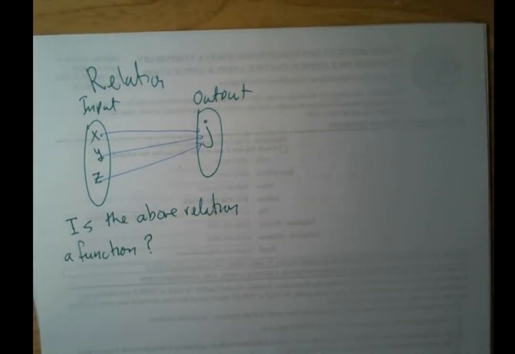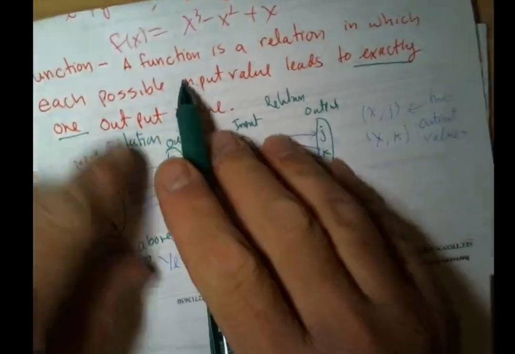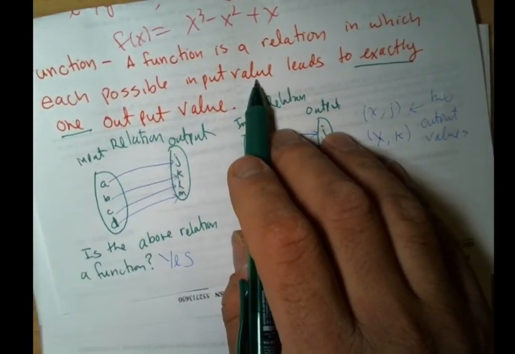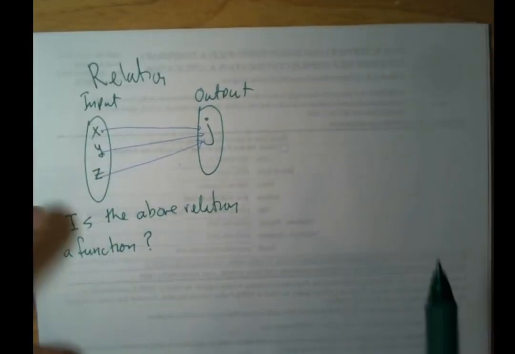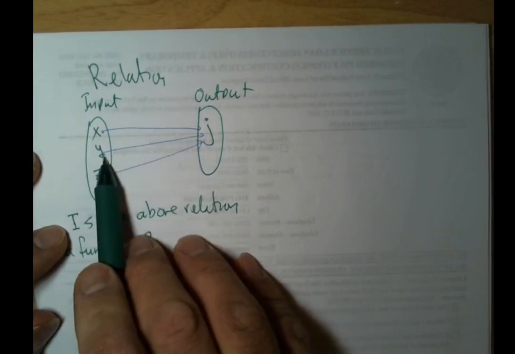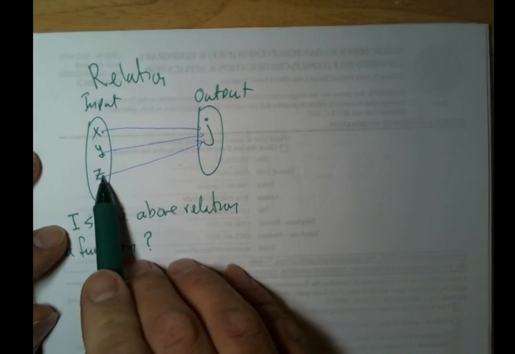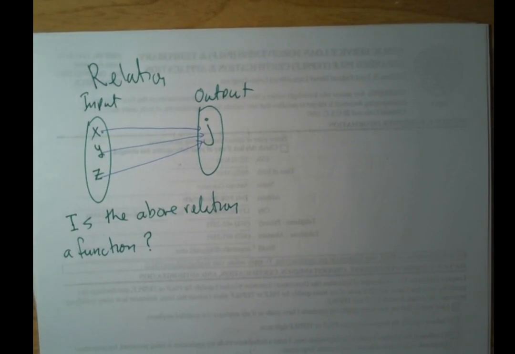Okay, so let's reference our definition again. A function is a relation in which each possible input value leads to exactly one output value. So let's see if that's true here. One input leads to one output. This input, y, leads to one output. This input, z, leads to one output. In this case, all the outputs happen to be j, but that does not violate the definition.